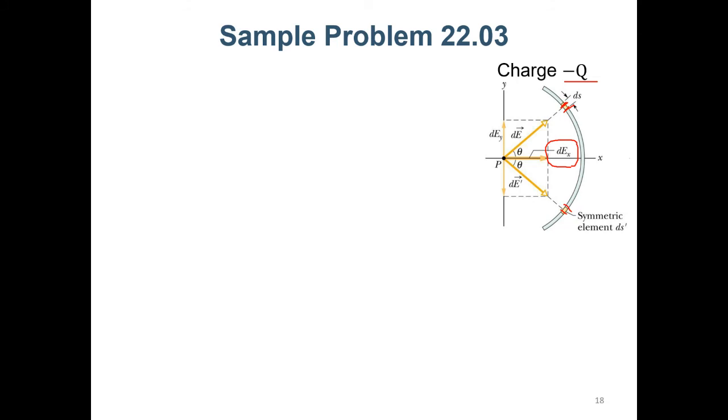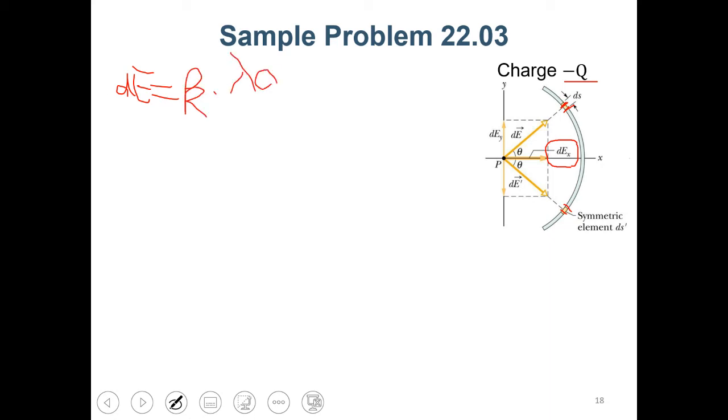According to this argument, we only need to calculate the dEx, which is cosine theta times dE. We know that dE is k times lambda ds over r squared, where r is the radius of the arc.